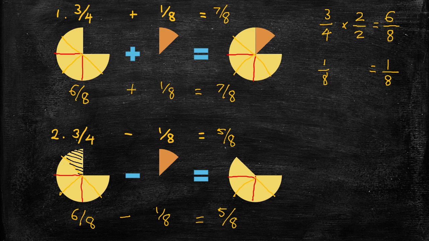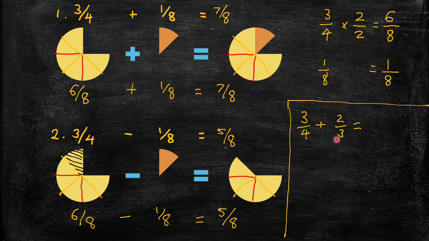Let's do another couple of examples just in this corner here. Let's do, how about 3/4 plus 2/3. So I need a common denominator for 4 and 3.